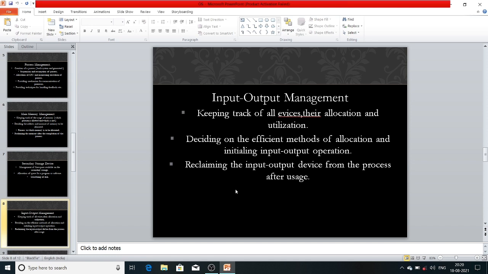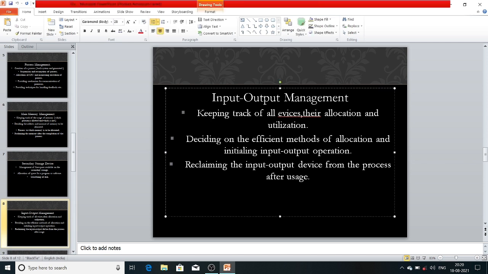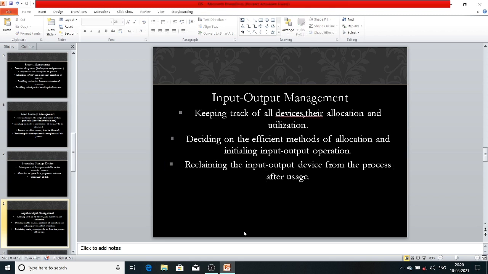This allows the user to concentrate only on the job at hand and not on the functioning of the device attached to it. There are several functions: keeping track of all devices, their allocation and utilization, deciding on efficient methods of allocation and ensuring input-output operations, and reclaiming the input-output device from the process after usage.